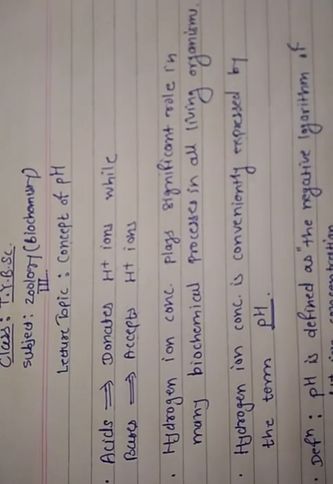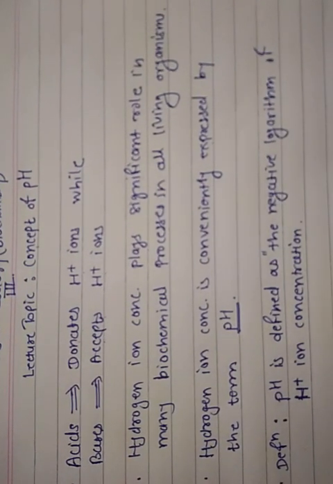Therefore, if we see the definition of pH, pH is defined as the negative logarithm of H plus ion concentration, or hydrogen ion concentration. This is the definition of pH.